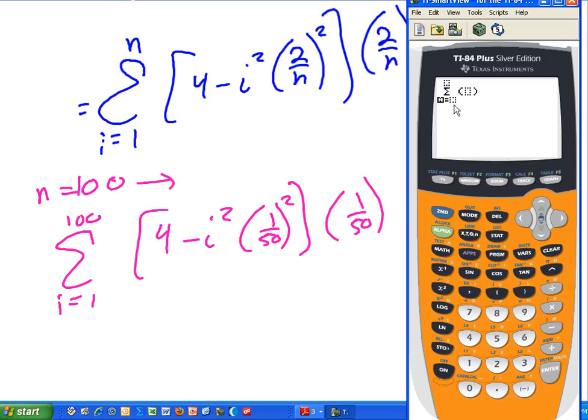Okay, so what goes where? We're just literally going to put all this stuff in. Now we can't choose I as a variable, so we're going to choose X. That's the only front screen variable. How do you choose I? If you just go alpha I, that's going to choose the imaginary unit I think.